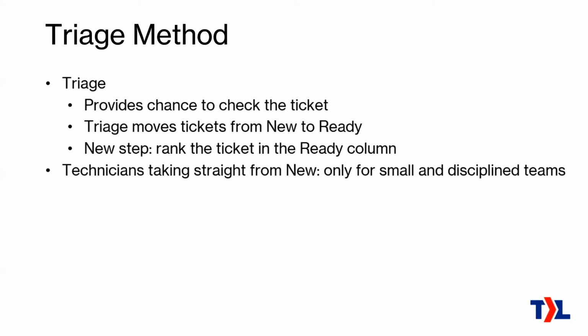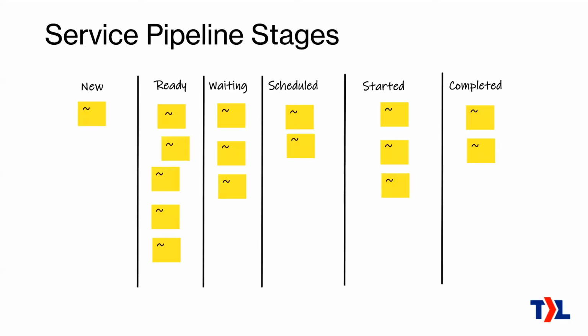One thing I didn't mention is that we have these columns and they're good for visualizing what work is in what stages, but an additional thing that is meaningful is the order of the tickets. Actually, let me show you, the ordering of the tickets here is significant, especially in the ready column, which is where the tickets land after they've been triaged.